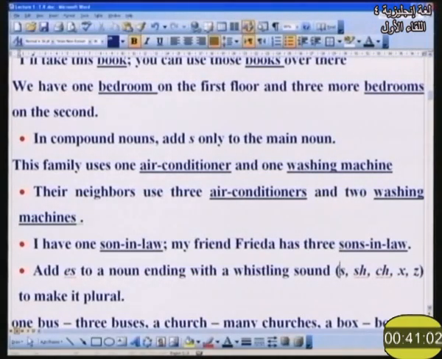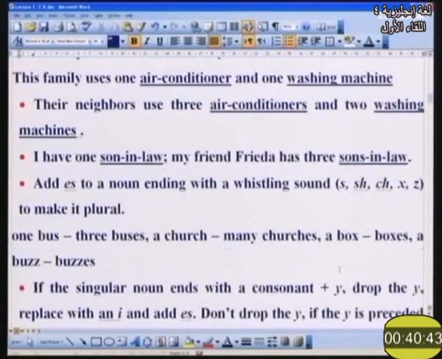In son-in-law, the word that carries the meaning is son, then you put the plural on it. I have one son-in-law and my friend Freda has 3 sons-in-law. The plural is put on son.